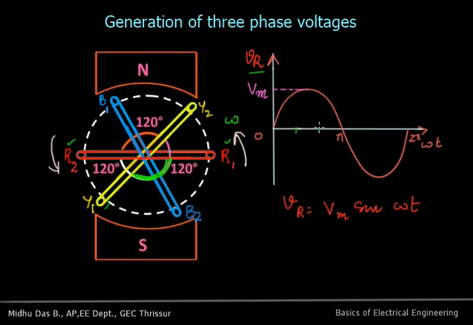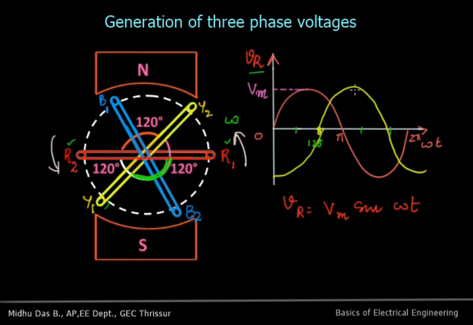If I divide this time period of 360 degrees into intervals of 60 degrees each, Y1, Y2 will be in the position of R1, R2 after 120 degrees, which means the 0 position of Y1 will be after 120 degrees. If you draw the waveform, it will look something like this.